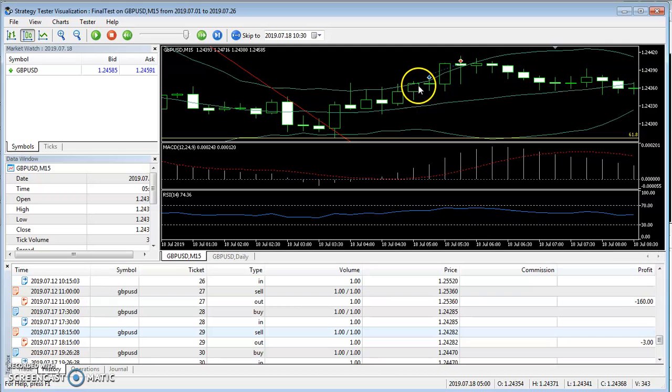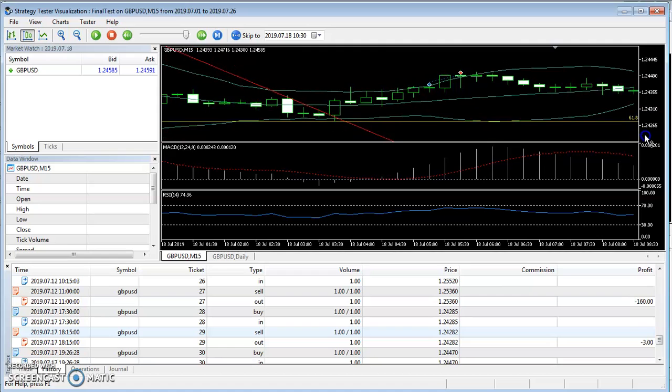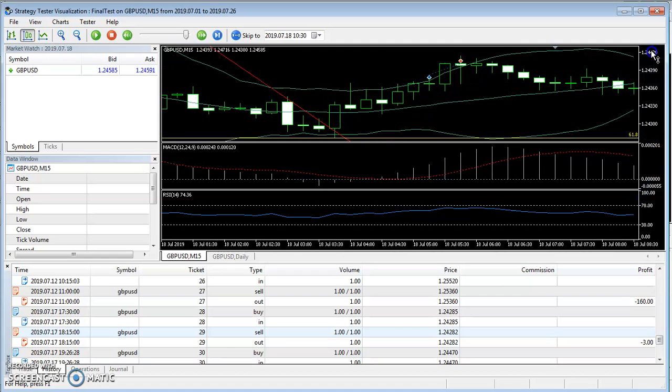And the upper band is definitely going in an upwards direction, breaking apart, and the lower is going in a downwards direction. You can see that the MACD is above the zero baseline and the RSI is approaching the 70 line, so a very good, strong signal to open a trade, which it does.